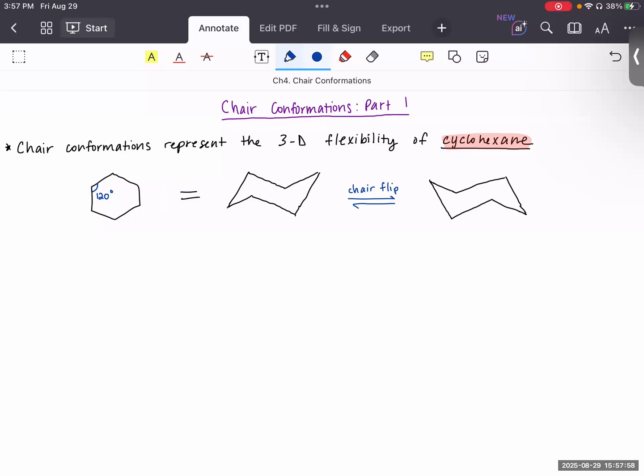However, each of these carbons on the ring has two attached hydrogens, so each carbon is actually tetrahedral because it has a total of 4 bonds. Based on our knowledge of molecular geometry, tetrahedral structures prefer to have angles of 109.5.